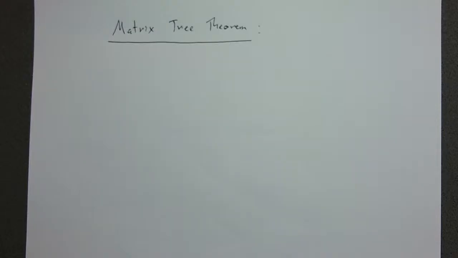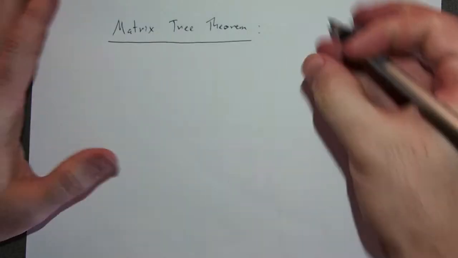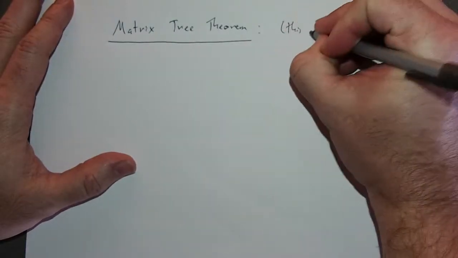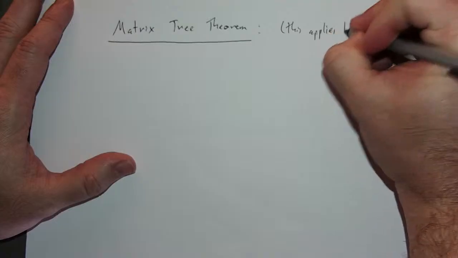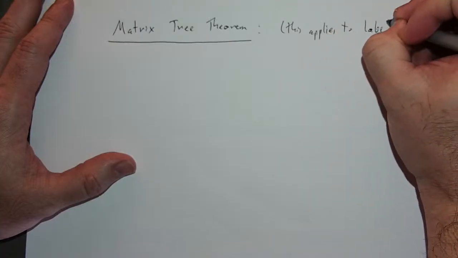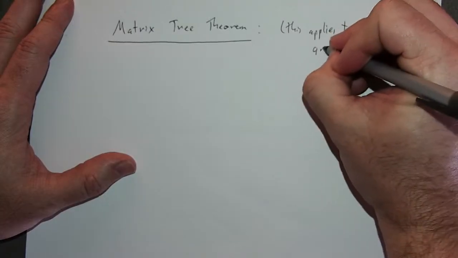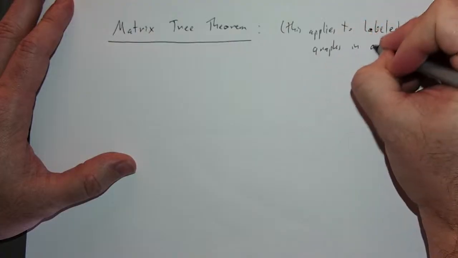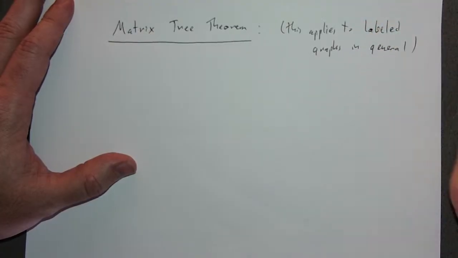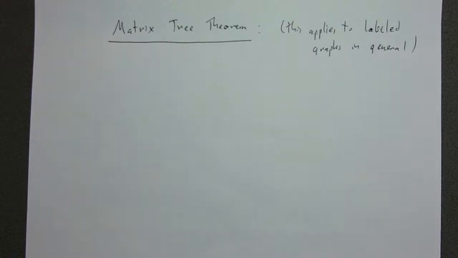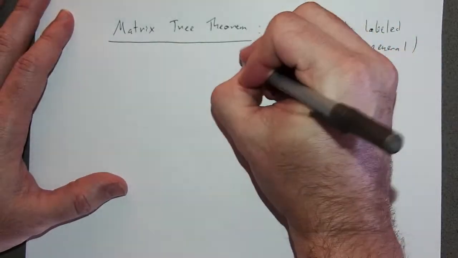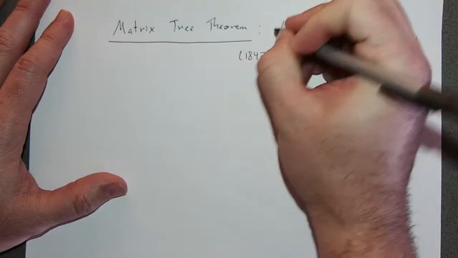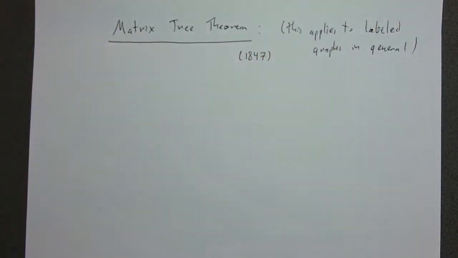Matrix Tree Theorem applies to labeled graphs in general. This was proven in 1847. Again, my long spiel from yesterday about how if you're doing math that's only like 40 years old, that's cutting edge stuff.